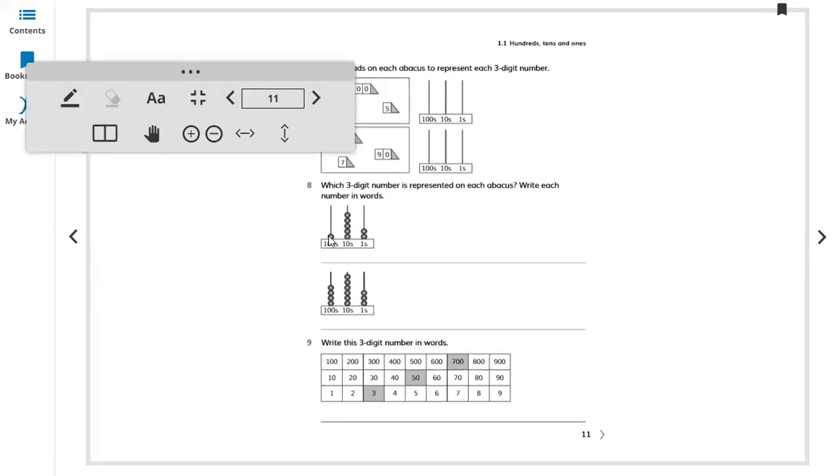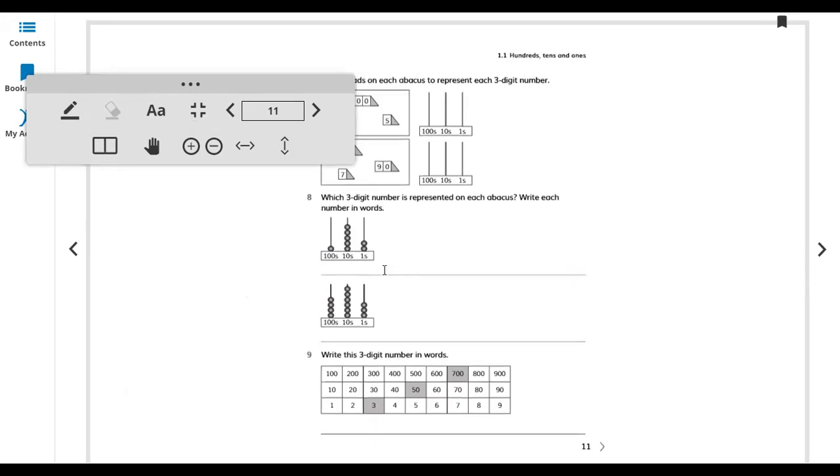So this one, 100 and 1, 2, 3, 4, 5, 50 to 152. We need to write here 152. 150.